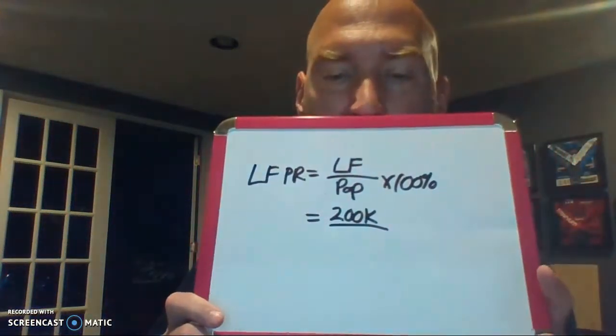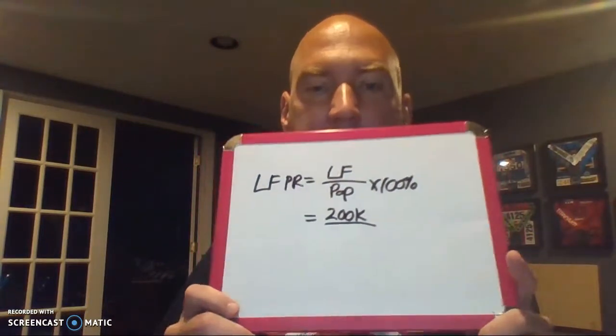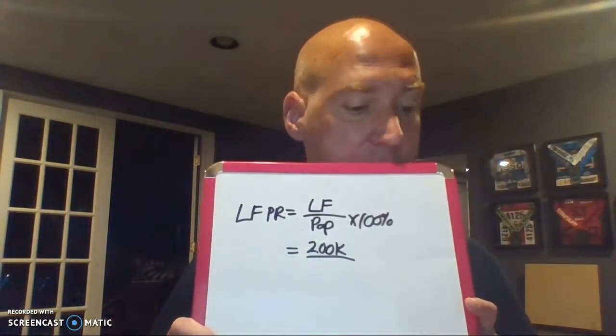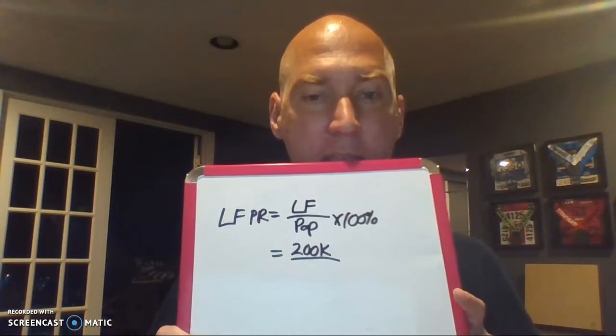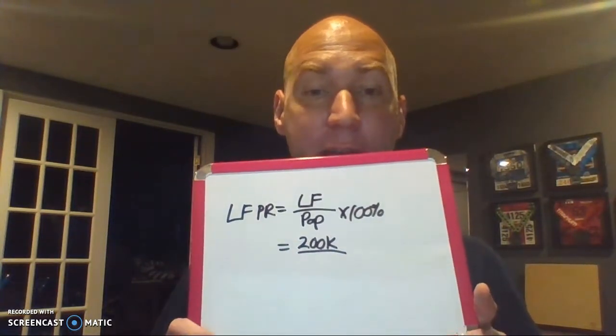So we already established from the previous part that 200,000 was your labor force, all the people who are employed and all the people who are unemployed. The population, well, to figure that out, you include all the not labor force people. And as you see in the table, not in the labor force includes 100,000 people.